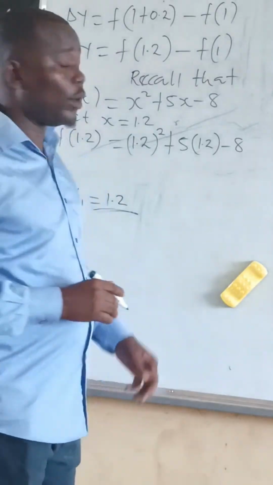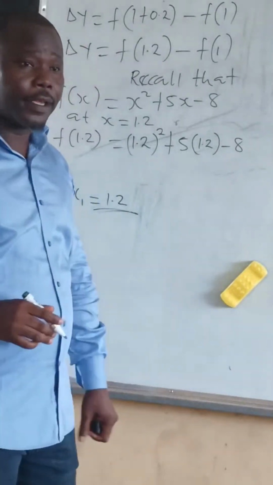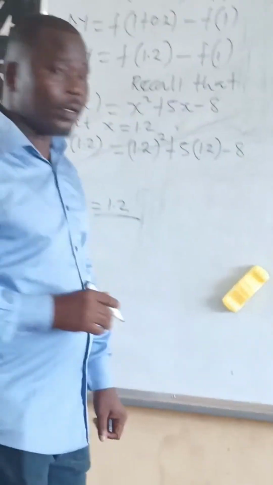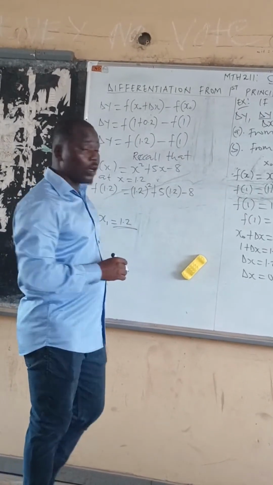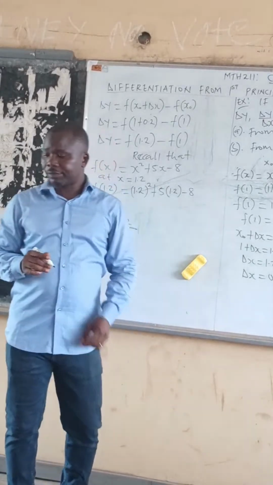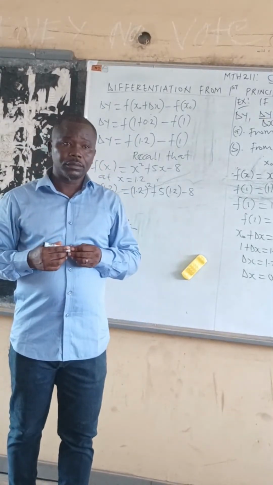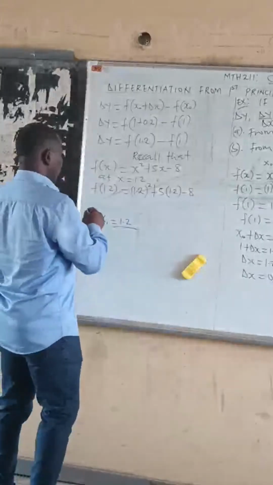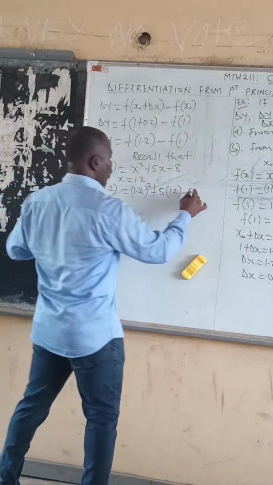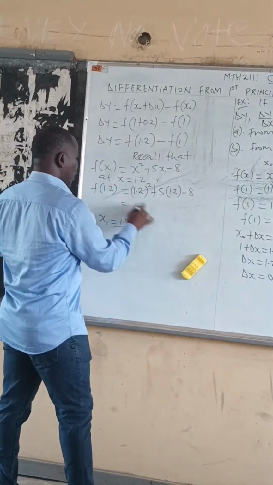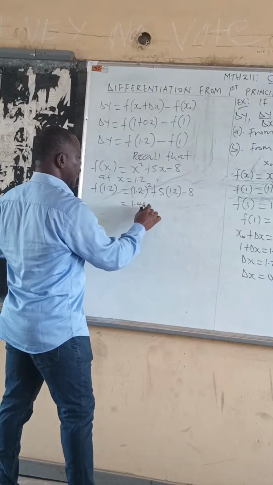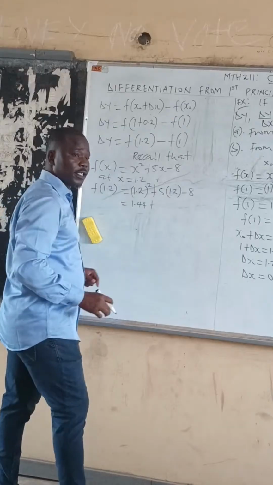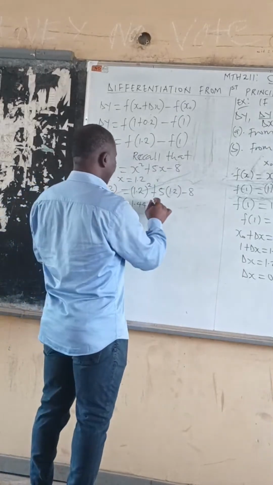Your calculator. I'm showing you how to obtain dy. We need your calculator. 1.2 times 1.2. What are you supposed to have? 1.44, right? Then plus this times this, 6, right?